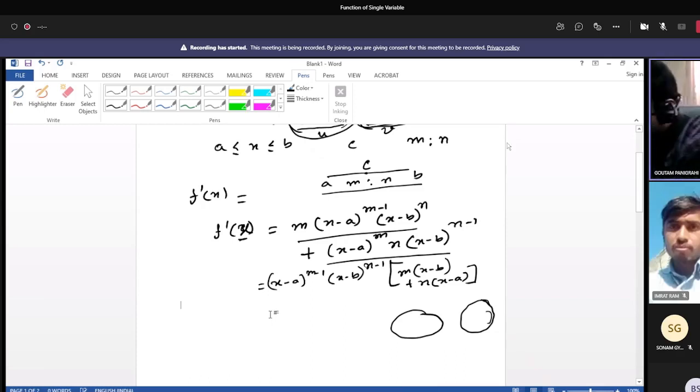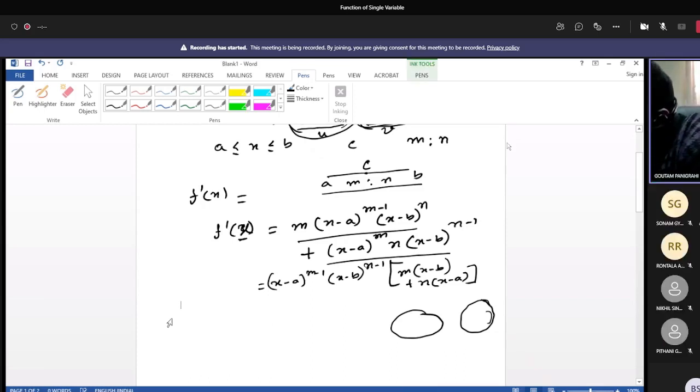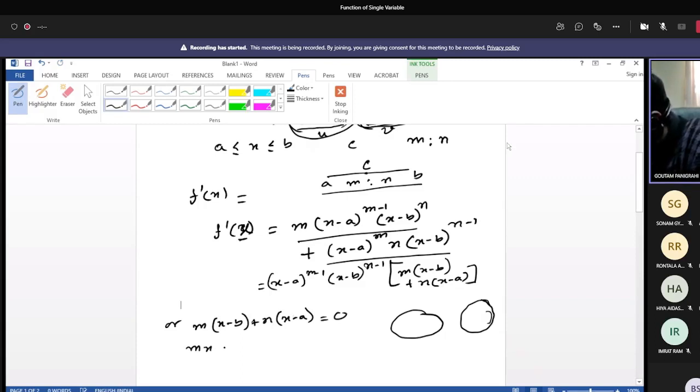Now here, if you write that m into x minus b plus n into x minus a equals 0, then mx minus mb plus nx minus na equals 0.